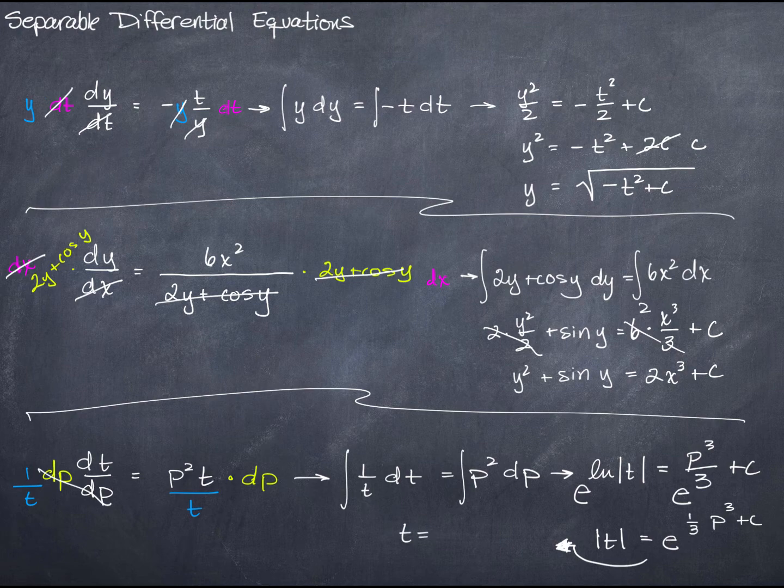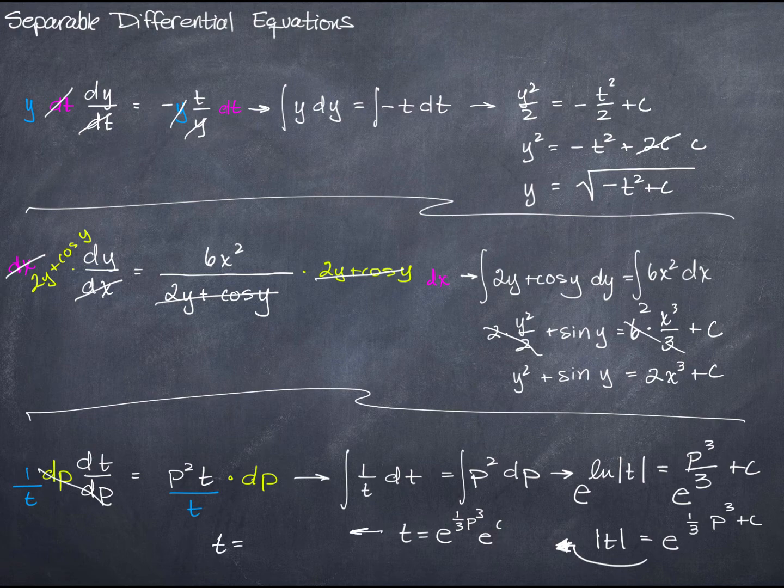Now I'm going to do a little bit of algebra. Because I have an exponent with a sum in it, I'm going to rewrite that as e to this power times e to this power. So I get e to the 1/3 p cubed times e to the c. Well, e is a constant, c is a constant, so this is a constant.